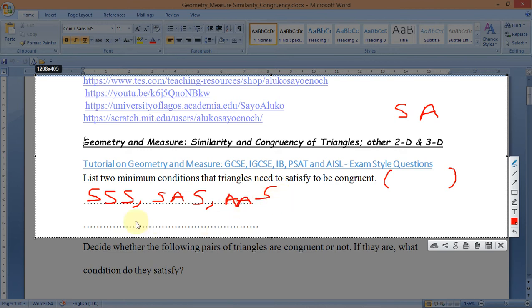And also you can have RHS, right angle hypotenuse side. So that's 1, 2, 3, 4. Can I have one more? Okay, that's enough, but just take any 2 of these, guys. So that's the condition. Let's go to the next question.